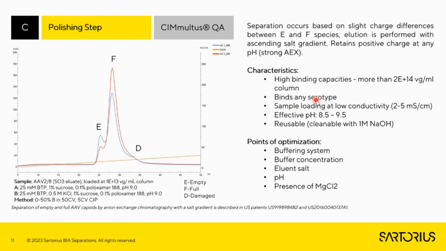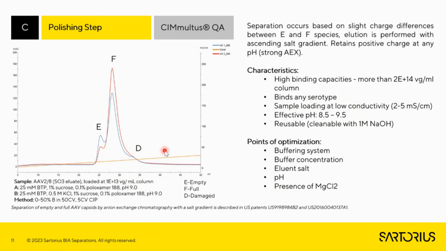Again, it binds all serotypes. The sample loading is done at lower conductivity, around 2 to 5 millisiemens depending on the serotype, and the effective range is from pH 8.5 to 9.5. For optimization of the QA, we usually screen the buffering system, its concentration, the salt, the pHs, and also the presence of magnesium.